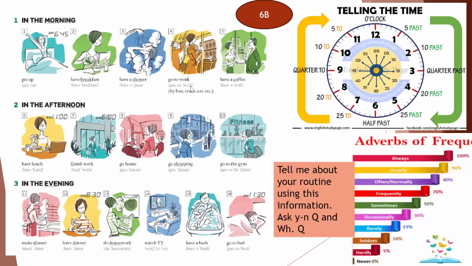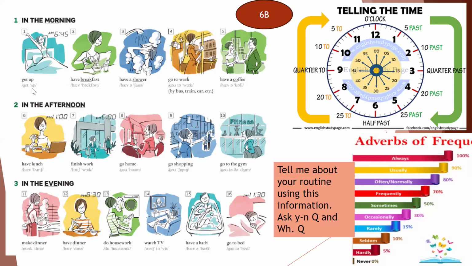We are going to use the activities that we do in the morning, the activities that we do in the afternoon normally, okay? And the activities that we do in the evening. Also, we are going to give the time, what time do we get up, for example, and the frequency.